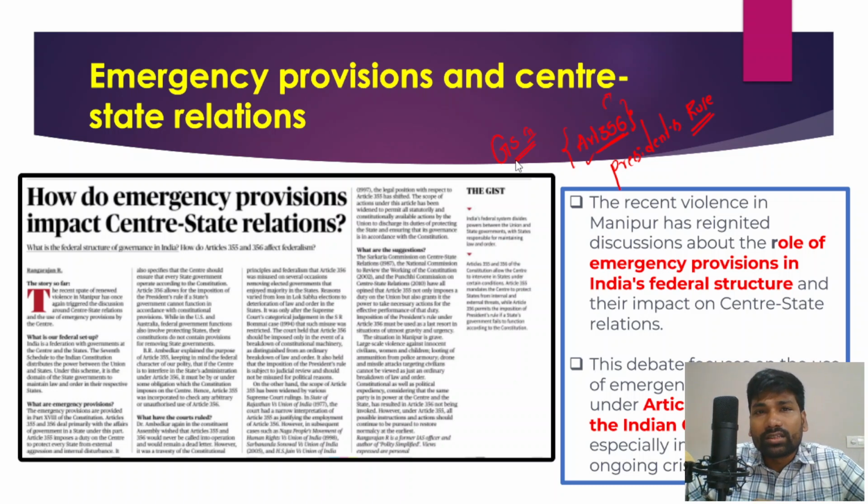So this violence in the state of Manipur has reignited the discussion about the role of emergency provisions, particularly article 356 and also article 365 of the Indian Constitution, and how these emergency provisions will impact India's federal structure, right? Emergency provisions cannot be used in an arbitrary and undemocratic manner, and that has not been provided by the Constitution and even the Supreme Court of India.